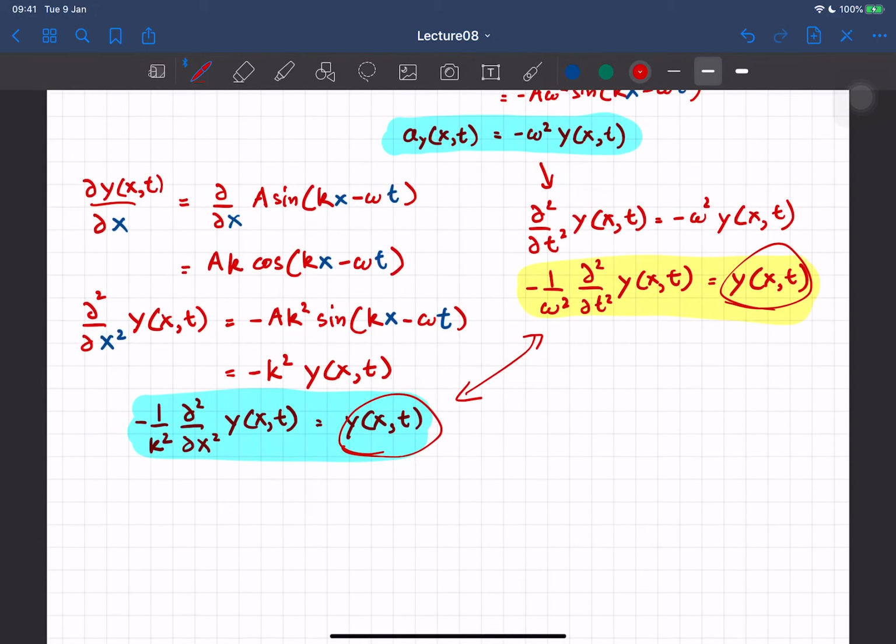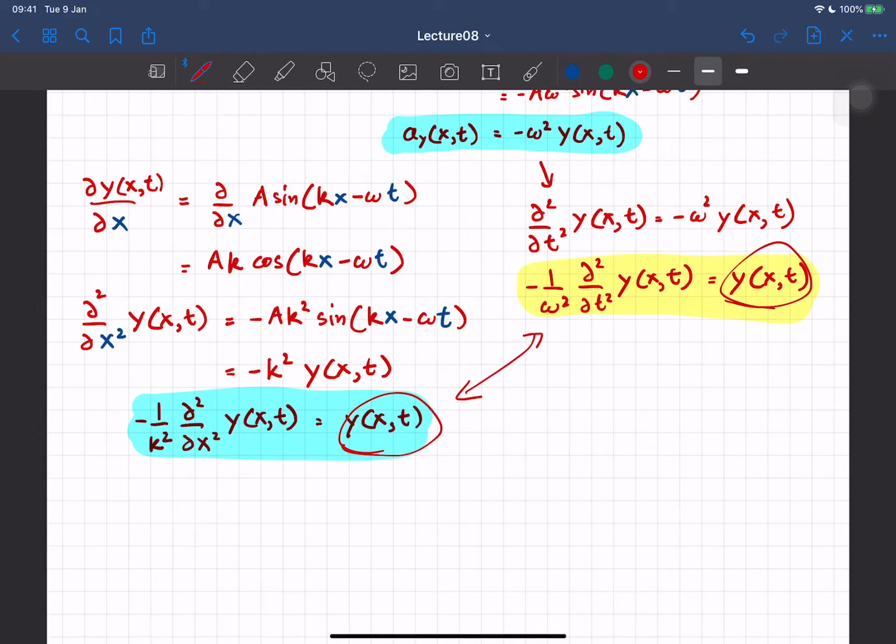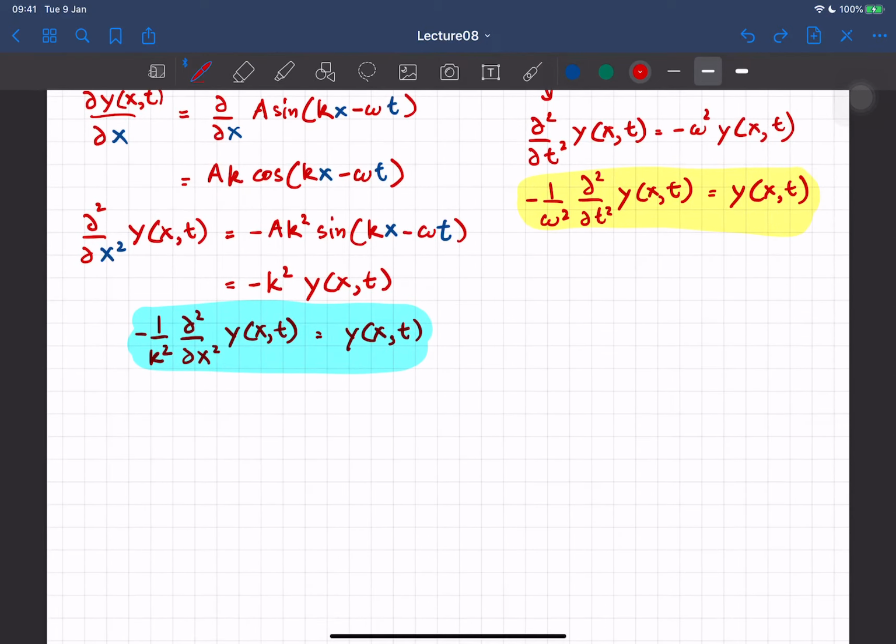So we compare these two equations, which have the same right hand side, which is just y as a function of x and t. So I can equate them, right? So what I have is minus 1 over k squared d^2/dx^2 of y(x,t) equal to y(x,t), which is equal to this one.